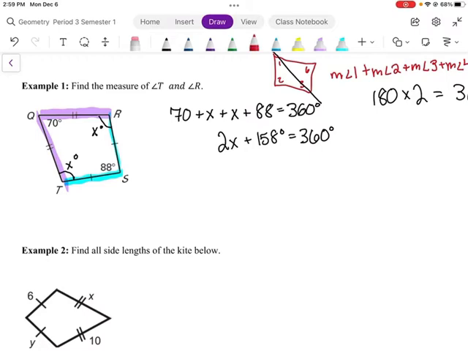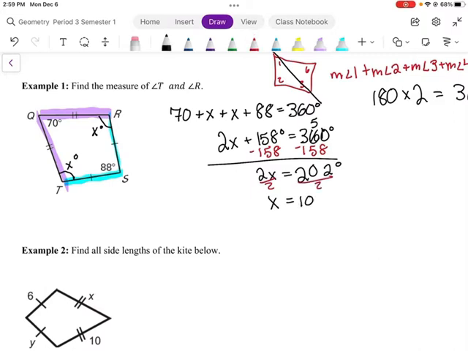Then we'll need to subtract 158 from both sides, and we'll get 2x equals 202, which tells us x, when we divide by 2, is going to be 101.